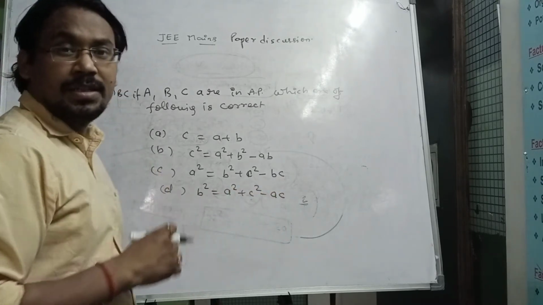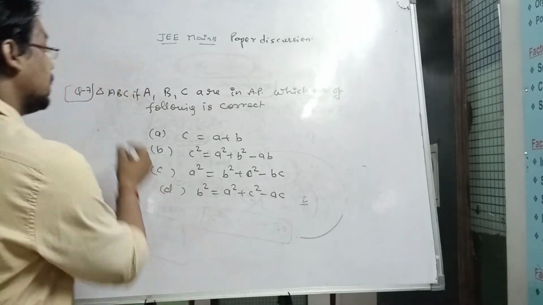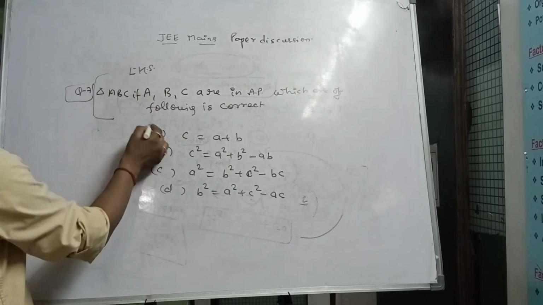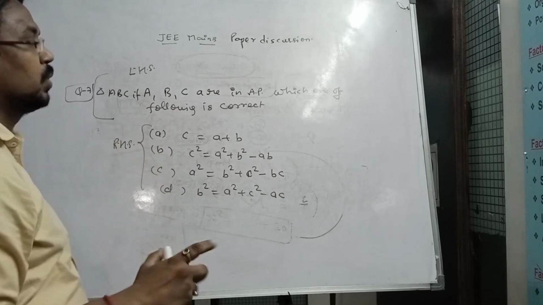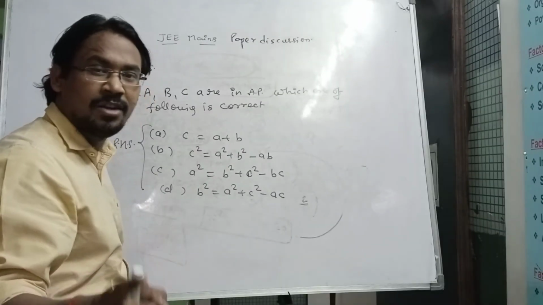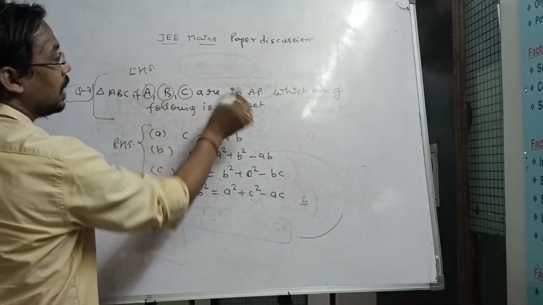Now how do we solve it? What you guys have to pay attention to is that this is our LHS, and LHS is always equal to our RHS. So LHS equals RHS means that in the initial stage they will provide all the required information in the question. So they have mentioned ABC are in AP.